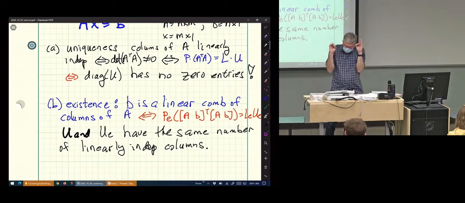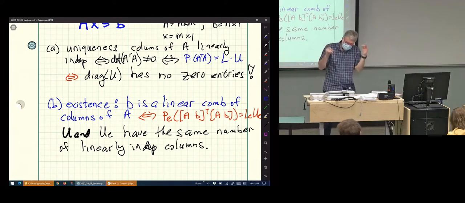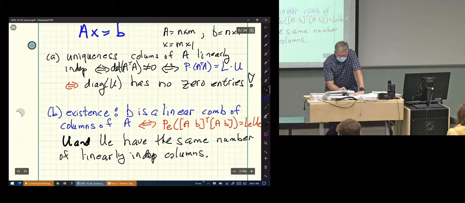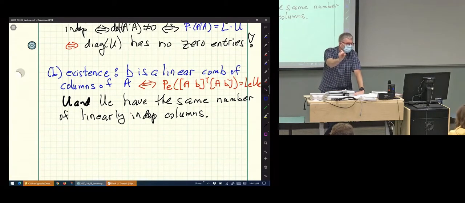Okay, so let's put it together. We want existence and uniqueness. How many zeros are on the diagonal of U for existence? And the answer is none. So if we already know that we have uniqueness, and now we're checking existence, how many zeros do we want on the diagonal of UE? Sorry, 1. Because we want B to be a linear combination of the columns of A. And so our test, we don't have to look at any rows, we don't have to do anything, okay?